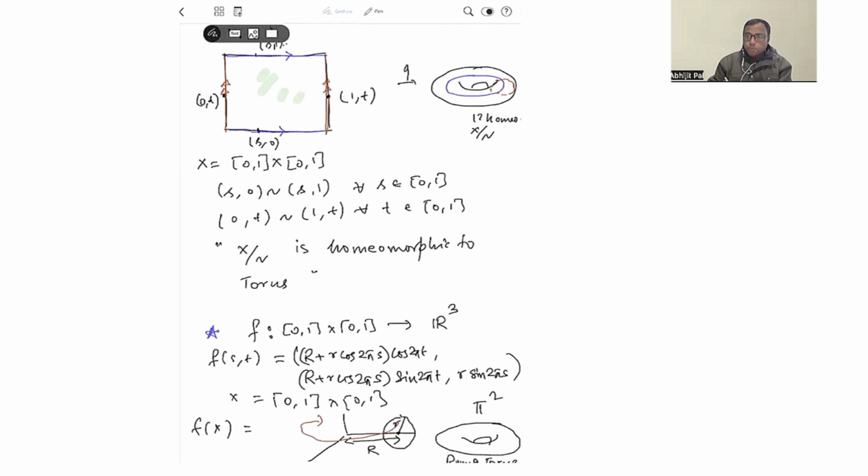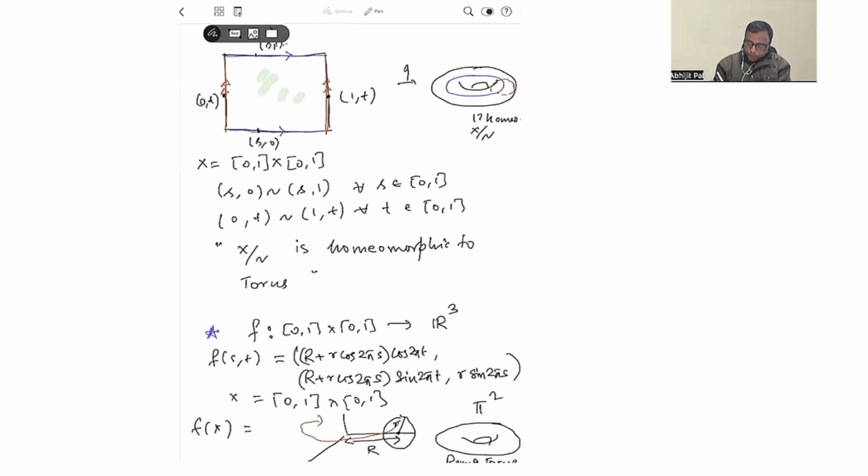As a surface of revolution, this is the equation of the torus, which you can also write down. You take this map F from this square to R3, defined like this.